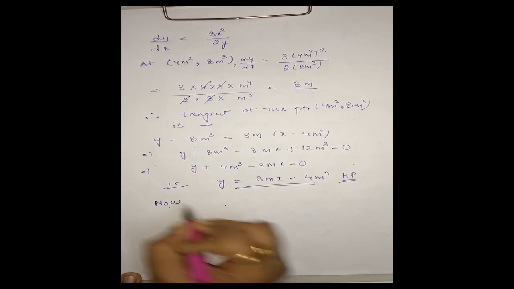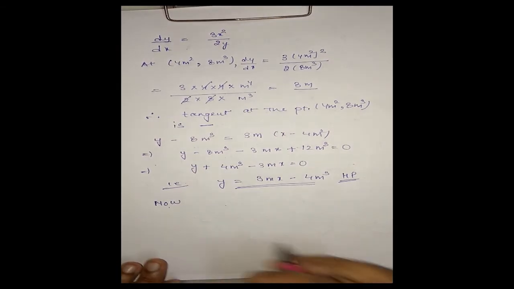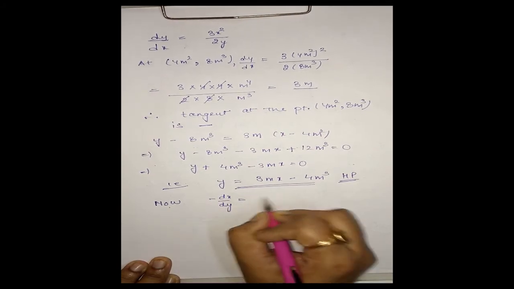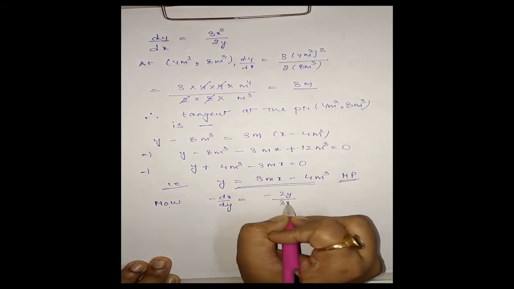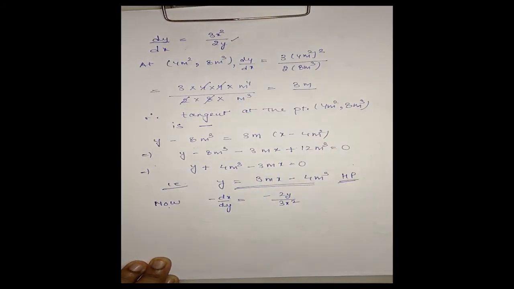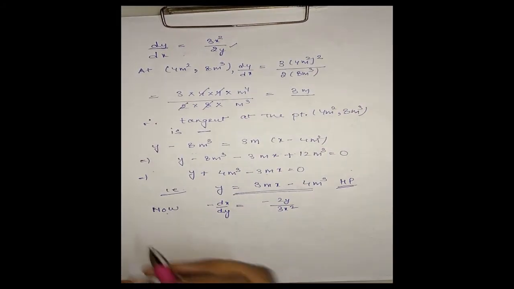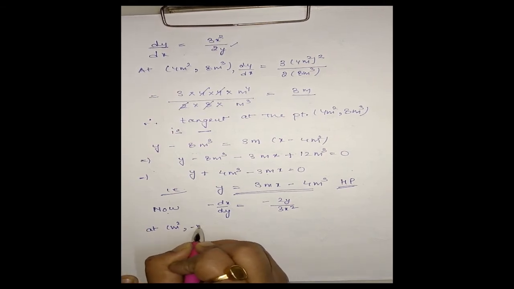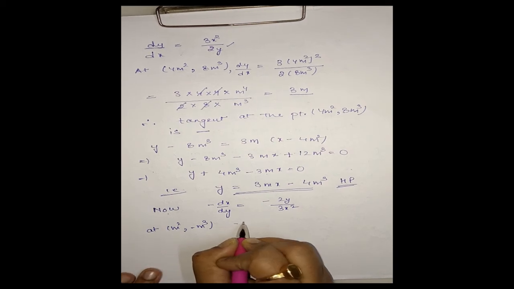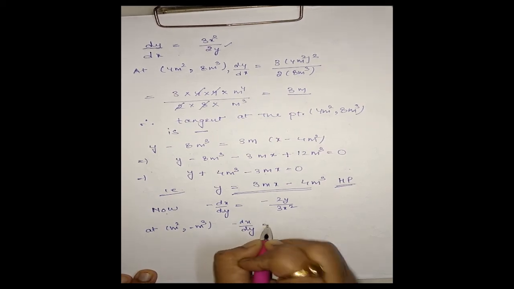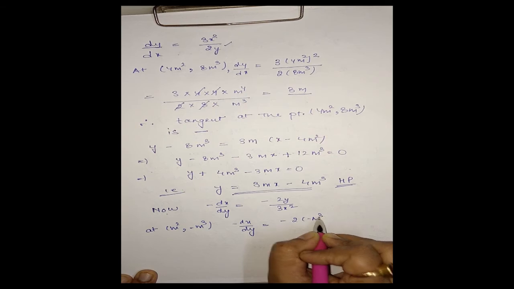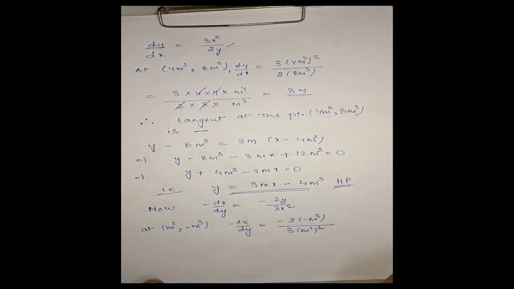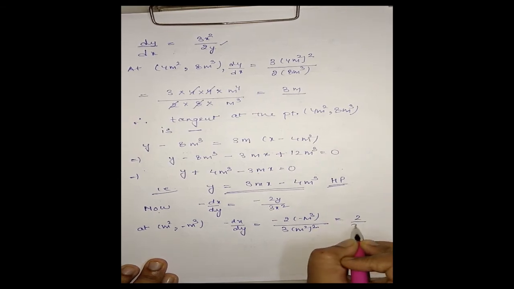For this we need −dx/dy, which is −2y/3x². At the point (m², −m³), −dx/dy = −2(−m³)/(3m²)², and this gives us 2/3m.